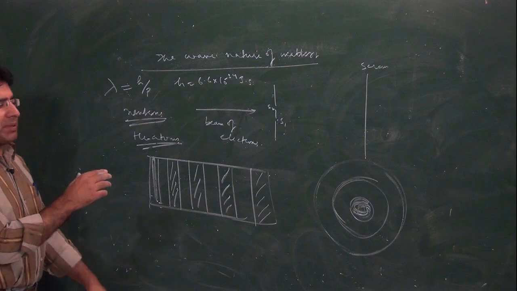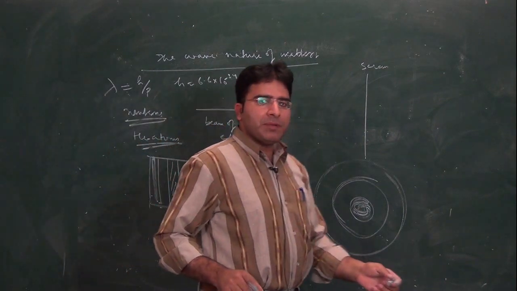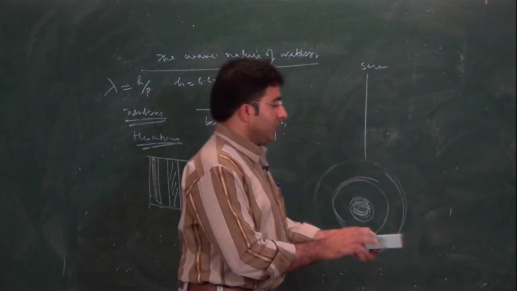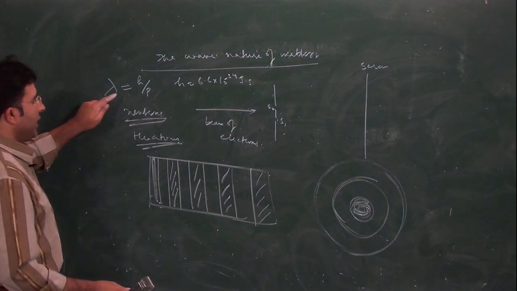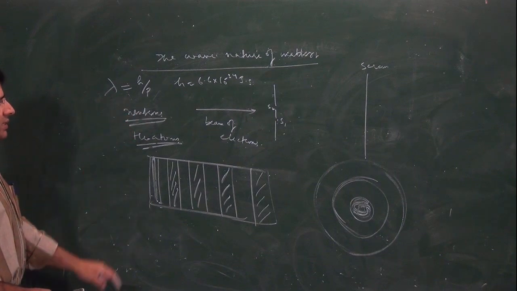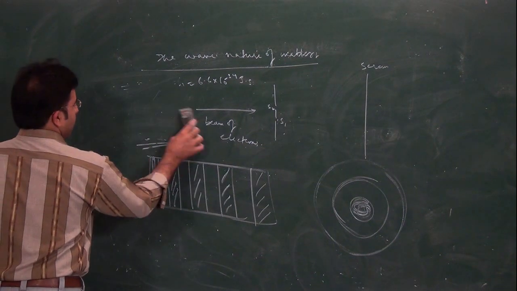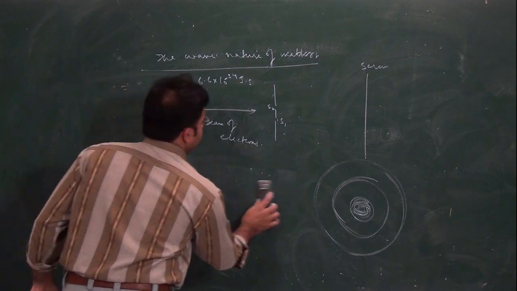Now what is the experiment? The Davisson-Germer experiment, which experimentally confirms the de Broglie equation and experimentally measures the wavelength of electrons. We will discuss that.